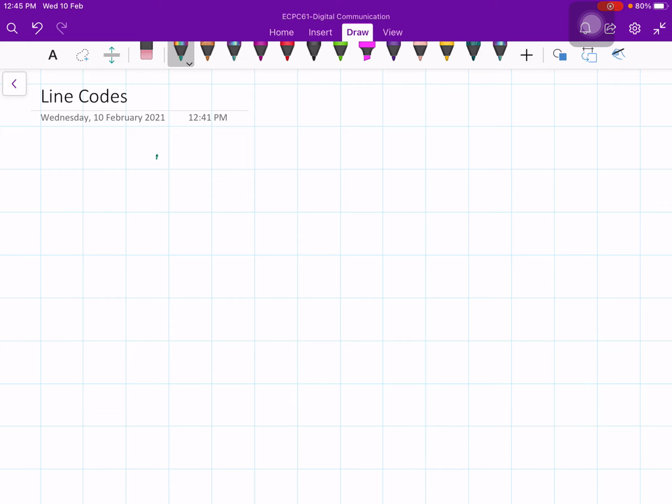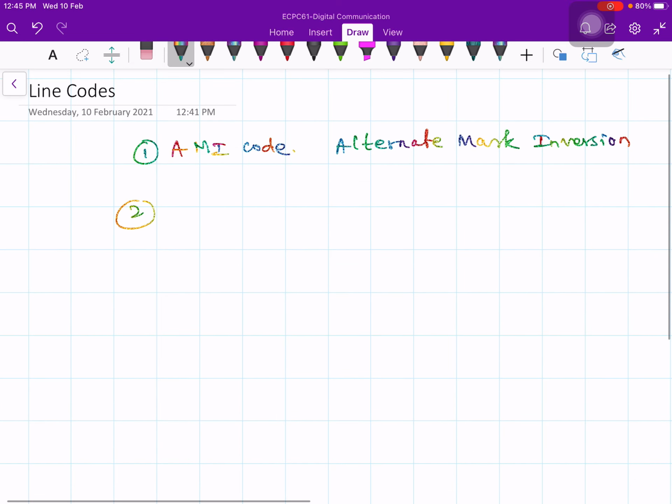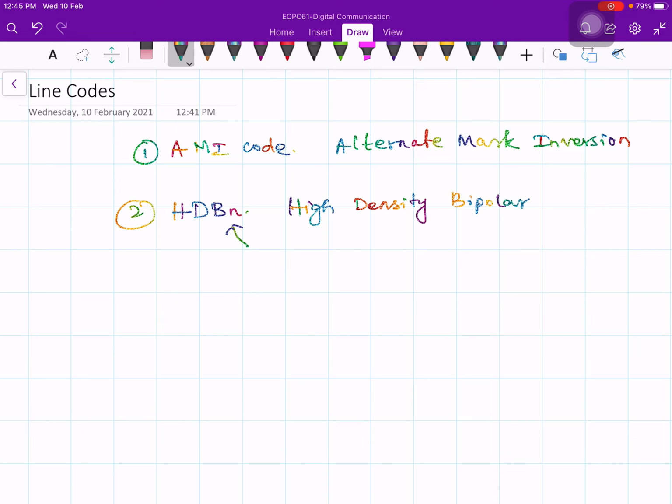The codes are AMI code, where AMI stands for alternate mark inversion, and the second one is HDBn, capital H, capital D, capital B and small n, where HDB stands for high density bipolar codes, and the small n indicates the parameter of the code.